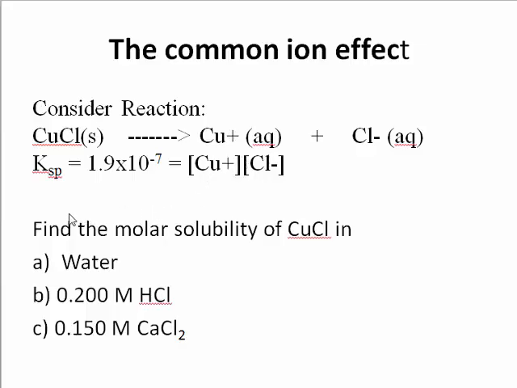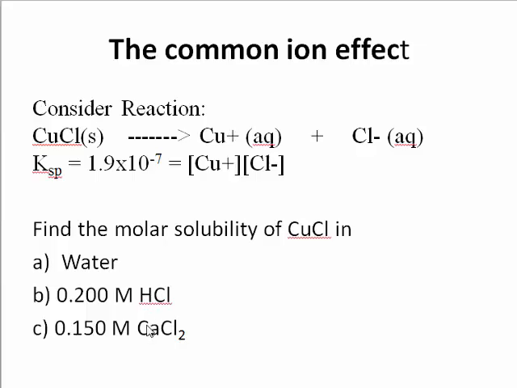Alright, let's consider finding the molar solubility of copper chloride in water. You should be able to do that without much difficulty. However, we will then consider a couple of wrinkles: the solubility of copper chloride in 0.2 molar hydrochloric acid, and in 0.15 molar calcium chloride.